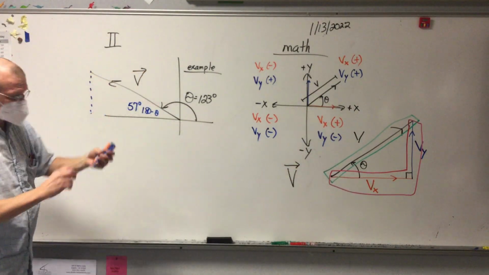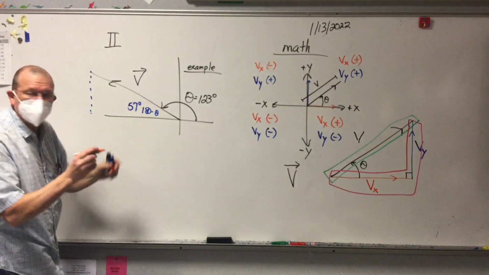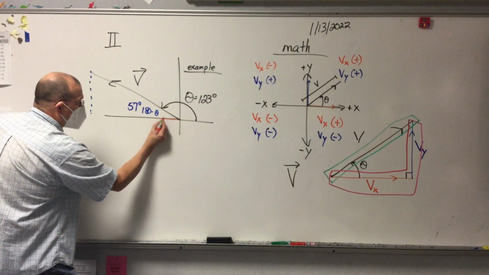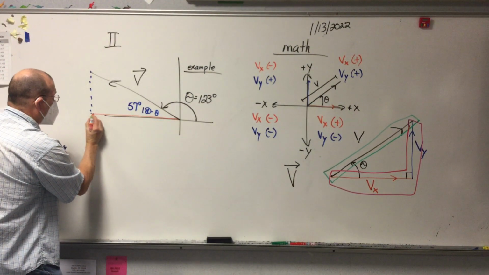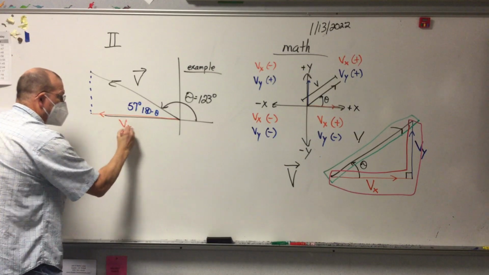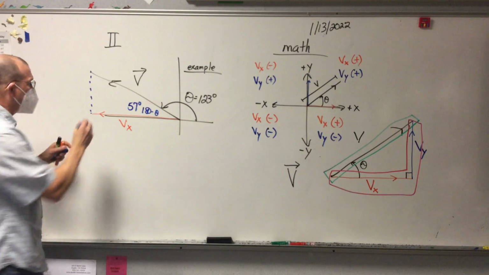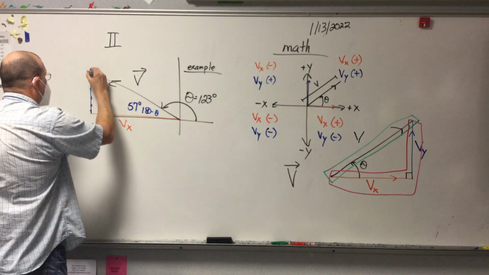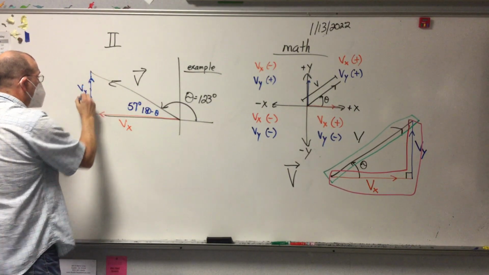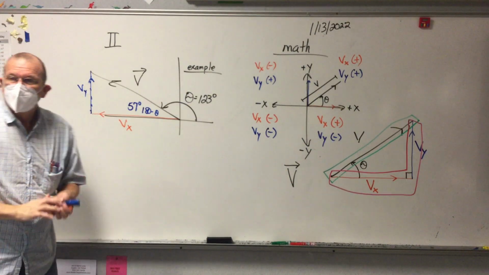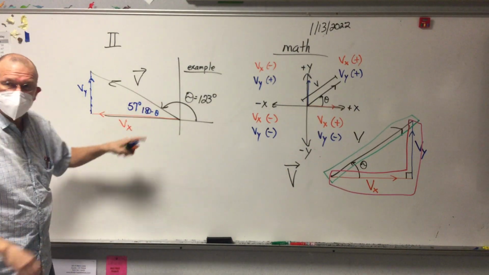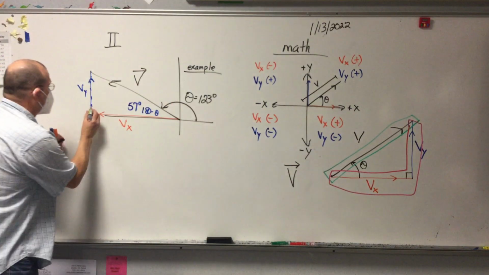So now, I'm breaking it down like I did here. If this is my vector in black, that means my Vx is a vector that I imagine points that way. And my Vy is a vector that points like this. So I'll put the right angle here.